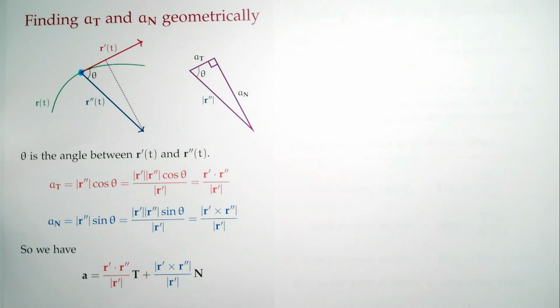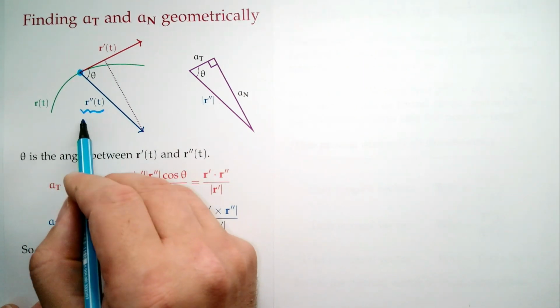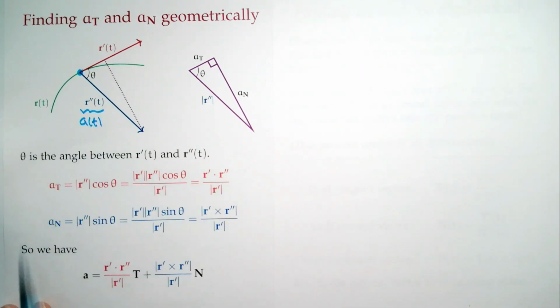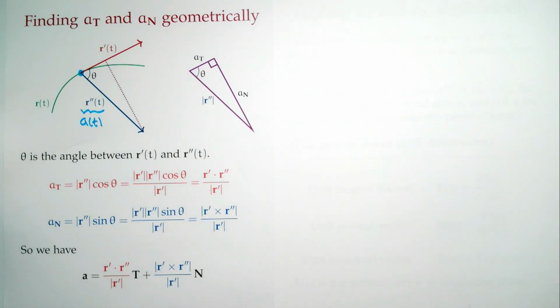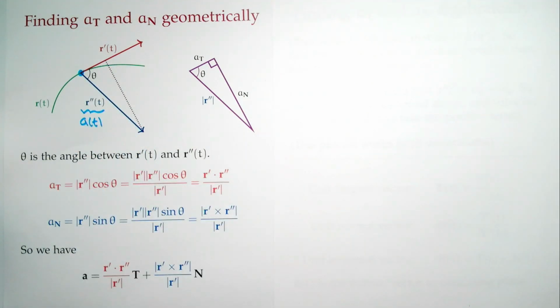So I have this going on. And what I can do is say, this r double prime of t, remember, this right here is really the acceleration. And I'm trying to get a handle on what's going on. I can think about the picture. So I come through and I say, let's draw a little triangle.